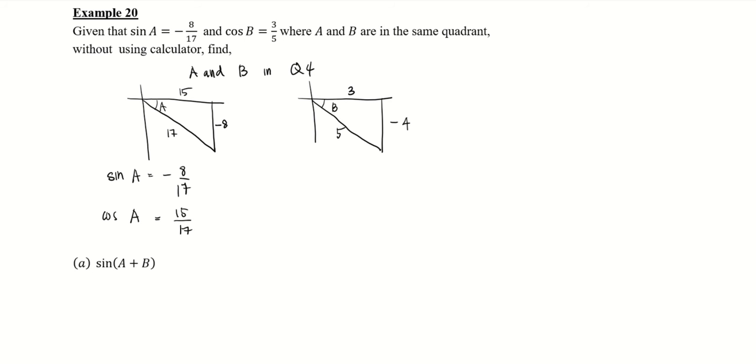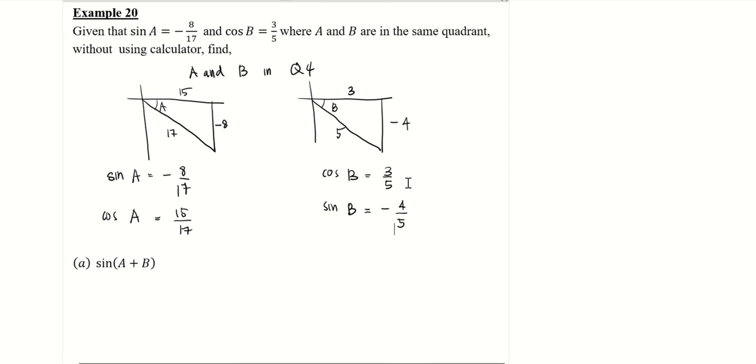For B, we already have cos B, which is 3 over 5, so sine B is negative 4 over 5. We can find tangent, but for this question we don't need tangent. Alright, so we have this information.